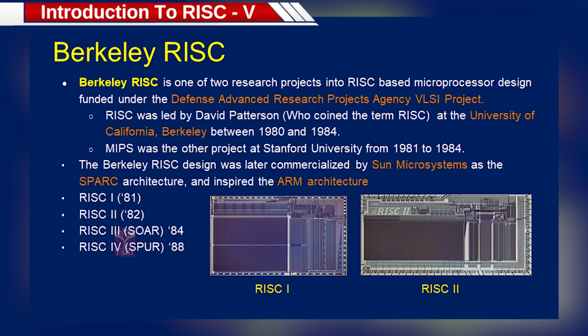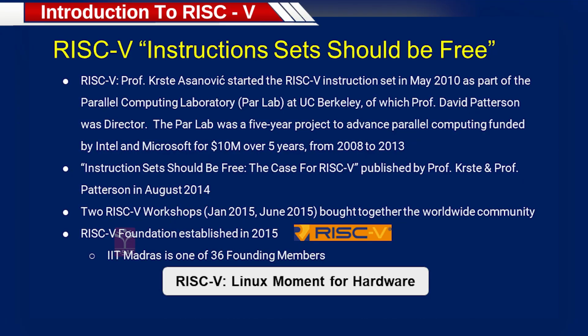ARM was a small company, actually called Acorn Computers in the UK. They looked at all this effort at Berkeley and said, okay, we'll start a new company called Acorn RISC Machine, and that became ARM. So these are two big efforts that came out of those things. Just remember that. So this was RISC-I to RISC-IV, which happened from 81 to 88.